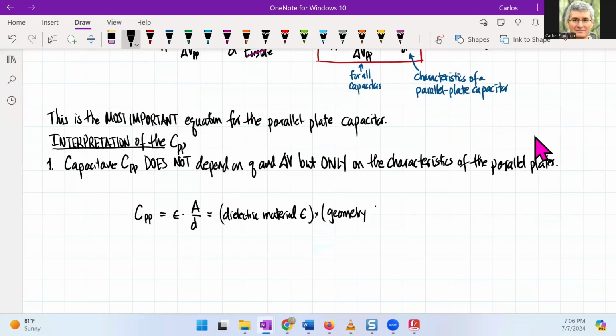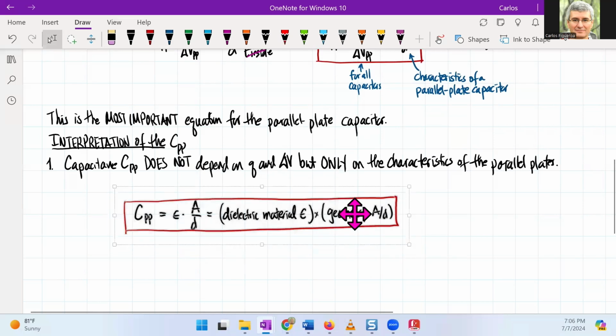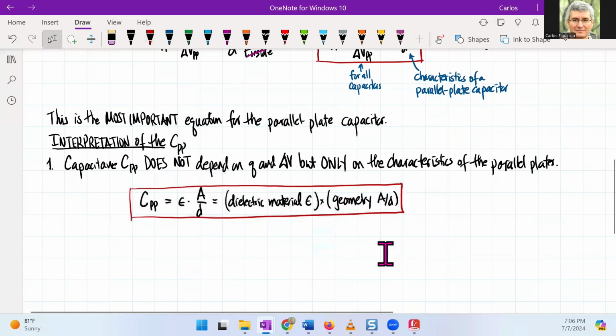And in this case, the geometry is the area divided by the plate separation. So when I think of capacitors, this is what I typically think of right here. I think of this equation because it tells me about the capacitor. In other words, its characteristics.